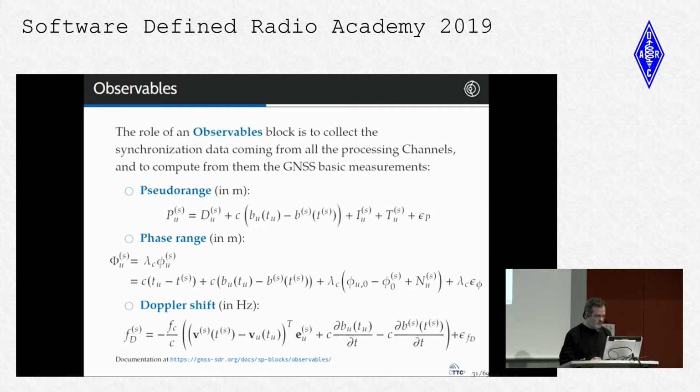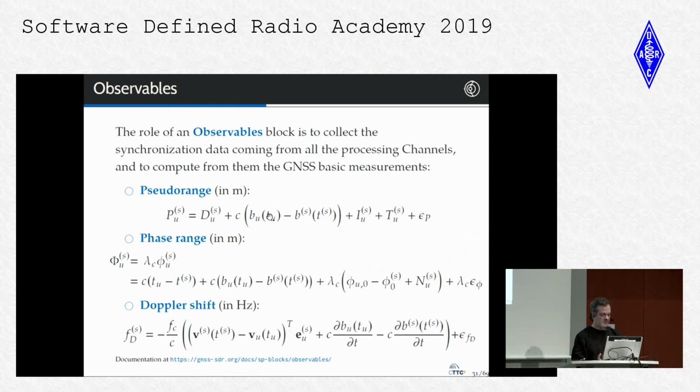Finally, from that information, you can build what are called the observables, which are the measurements from any GNSS receiver. The first one we call pseudorange, which is a measurement related to the physical distance from you to the satellite, but also affected by the difference between the clock offset of the satellite and your own receiver clock.